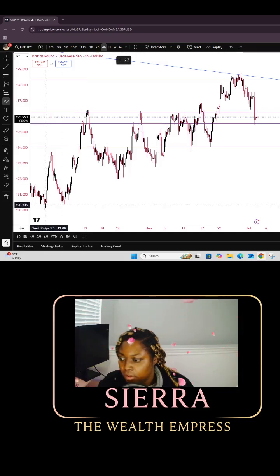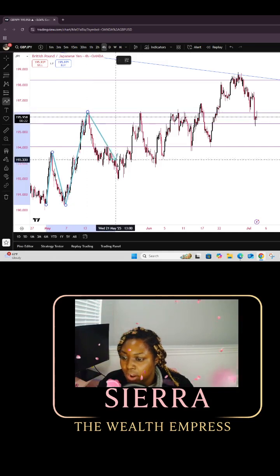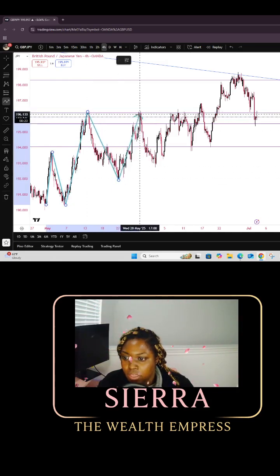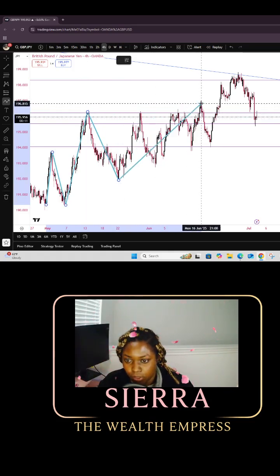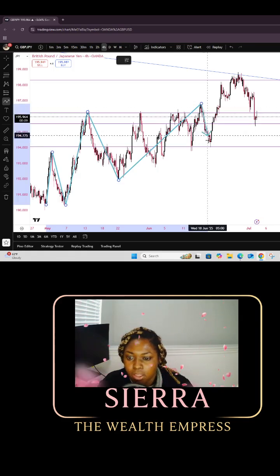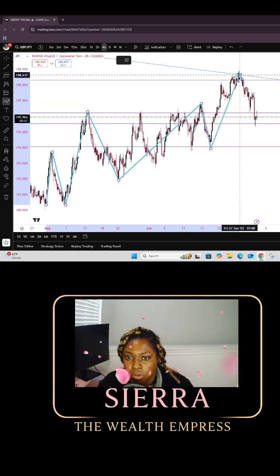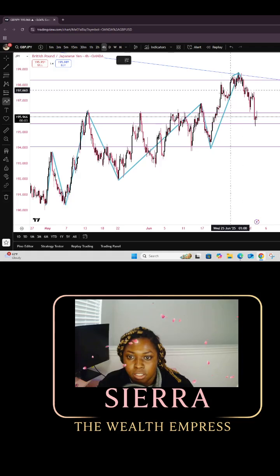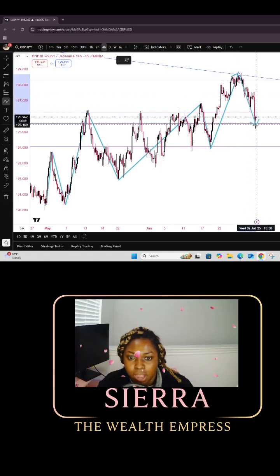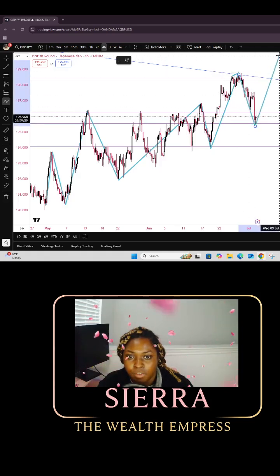Price is making higher highs, higher lows. This right here did not break this high, so all of this is one move until we get to here. This was our next higher high, this was our next higher low, and our last higher high that price just made. And now we're looking to see if price is going to make a higher low and then give us another higher high.